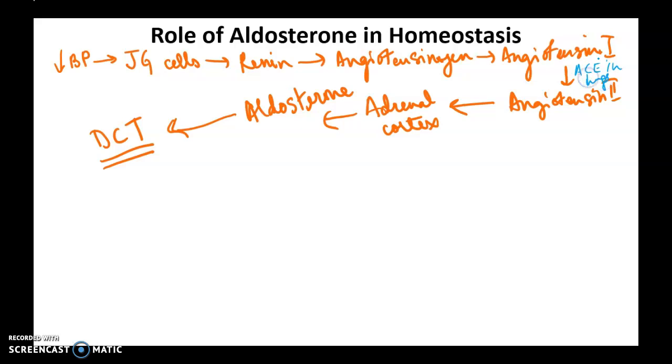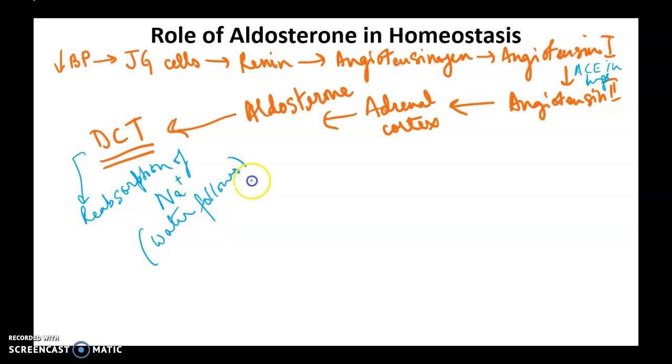Remember? Angiotensin 2 then comes to the adrenal cortex and tells the adrenal cortex to release aldosterone. Aldosterone works on the distal convoluted tubule mostly to reabsorb. This helps in reabsorption of sodium. And as sodium is reabsorbed, remember, water follows, osmosis.